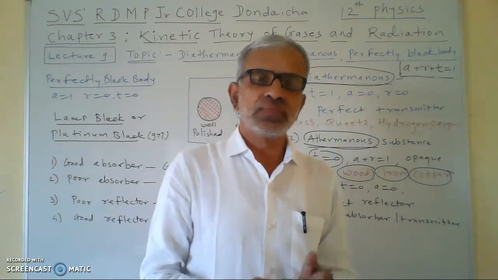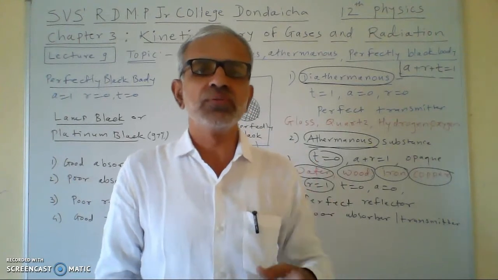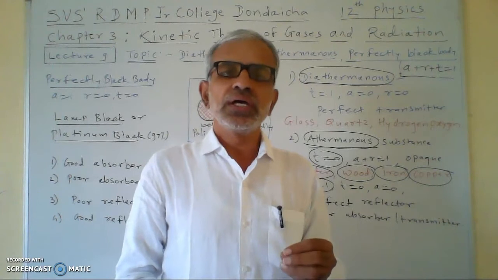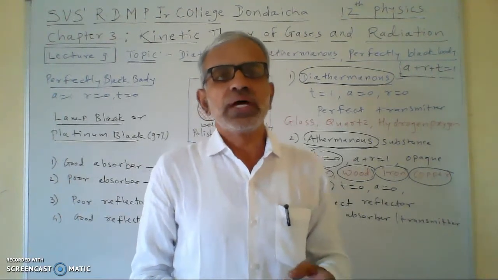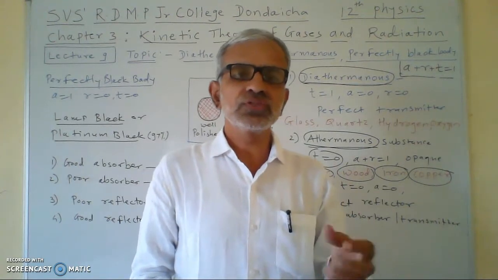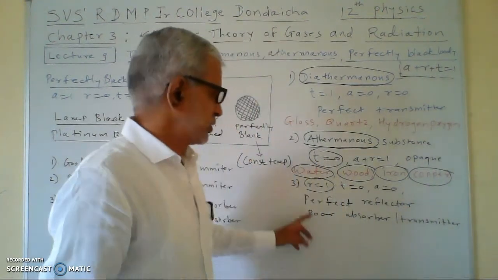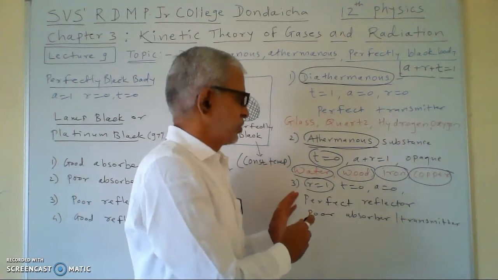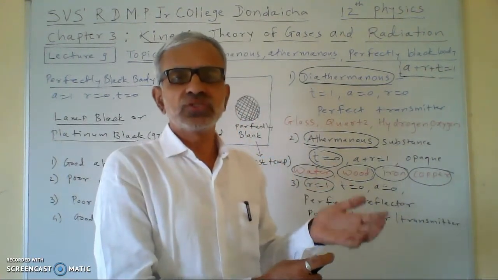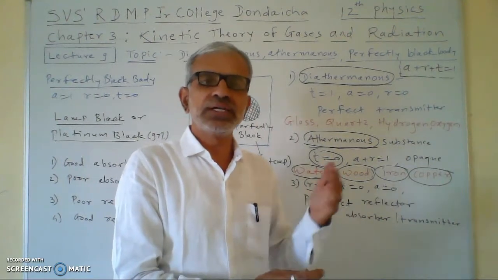Ideally it may not be equal to 1, but it has the maximum value, and transmission is 0 there. So there may be very small absorption. So this is the third type of substance according to absorption, reflection and transmission of the heat.